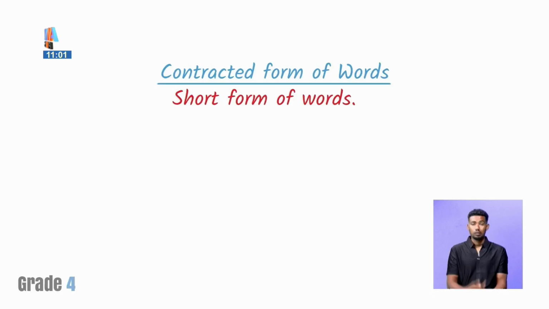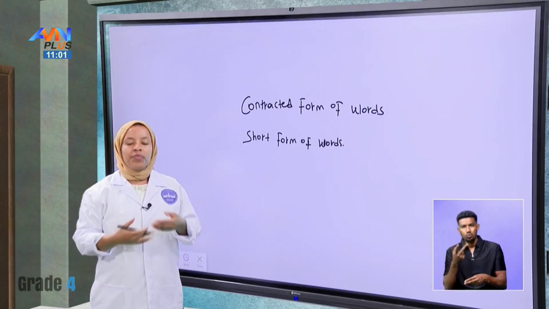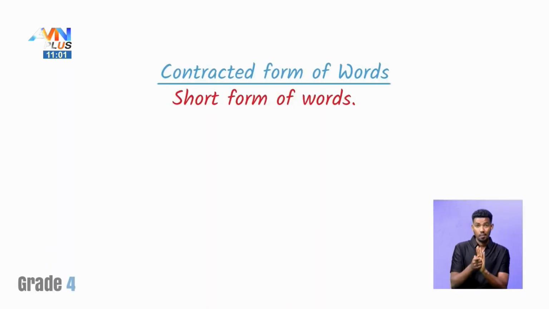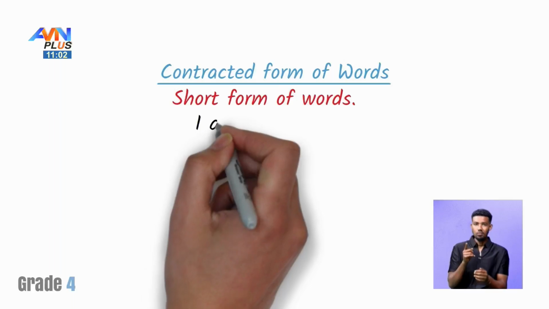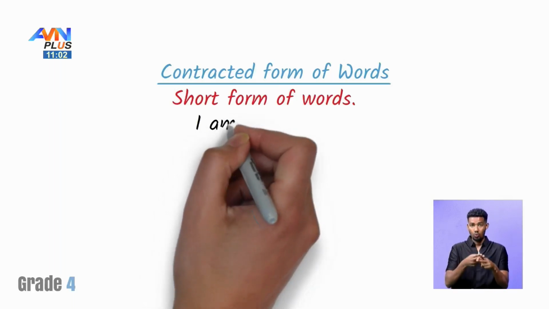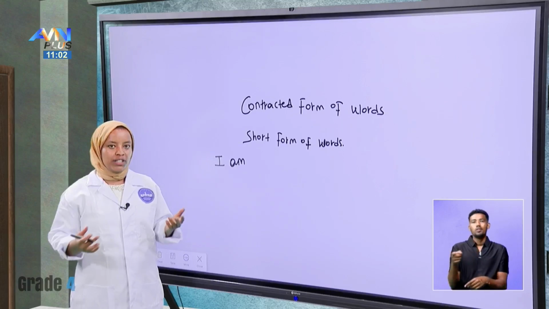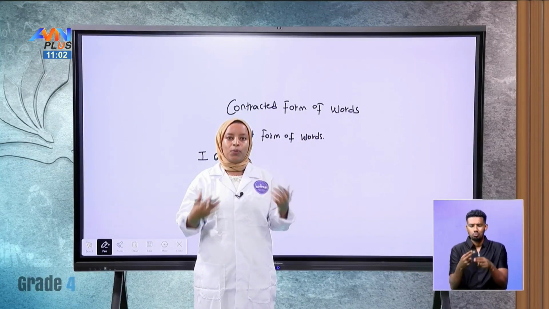It might be nouns, verbs, and also there are many words. For example, here is I, this is a pronoun, and here is am. This is verb to be. Let us contract it and use this as a short form of words.